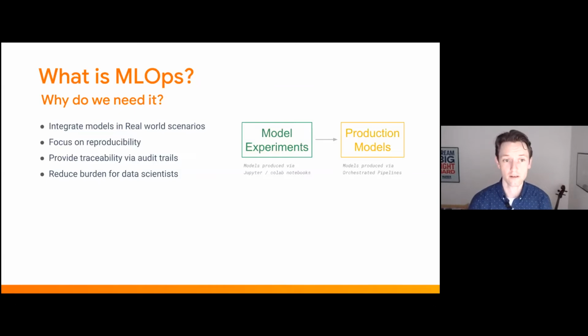At the same time, as soon as a model hits the real world, we need to make sure that we can reproduce these models continuously. We also would like to track all the artifacts going into a model through things like an audit trail or traceability. So that's where machine learning ops, or MLOps, comes in.